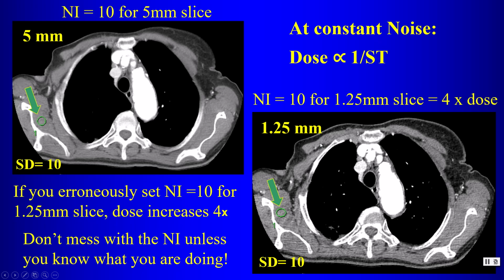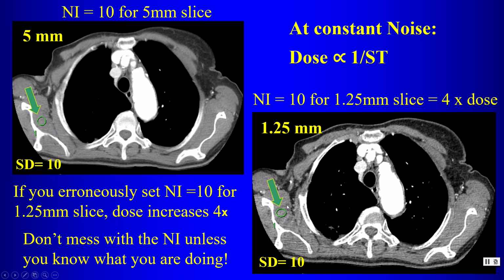But if you choose to set a noise index of 10 for a 1.25 millimeter slice, meaning that for these thin slices you want decreased noise, you want the image quality of these thin slices approaching the image quality you have in this 5 mm slice, what happens is you will be increasing the dose 4 times.